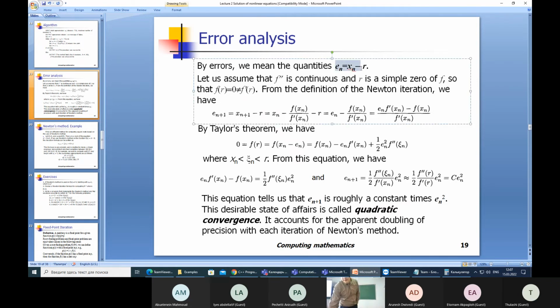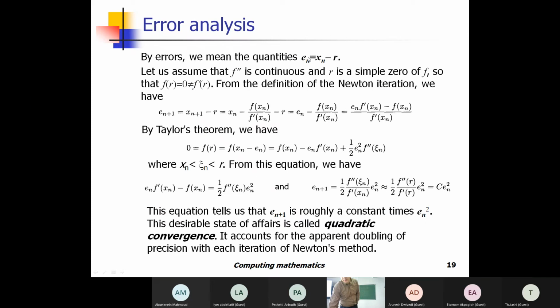So the error at step n is the difference between the point xn that we compute and the real root r. Maybe I skip all these computations. I also want to discuss with you this final result.